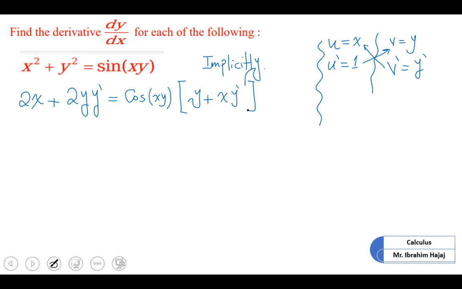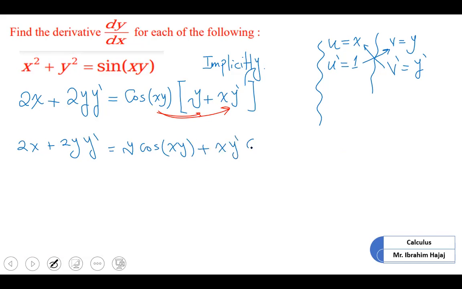The next step is to combine all terms including y prime to isolate it on one side. I will multiply, using the distributive property, cosine xy by the first and by the second. So we have 2x plus 2y y prime is equal to y cosine xy plus x y prime cosine xy.